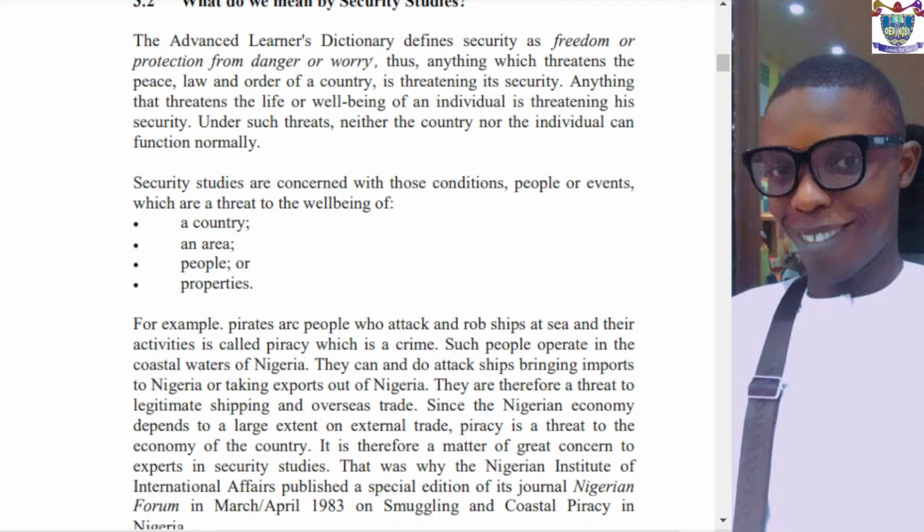All right. Now, security studies are concerned with conditions, people, or events which are a threat to the well-being of a country, an area, people, or property.